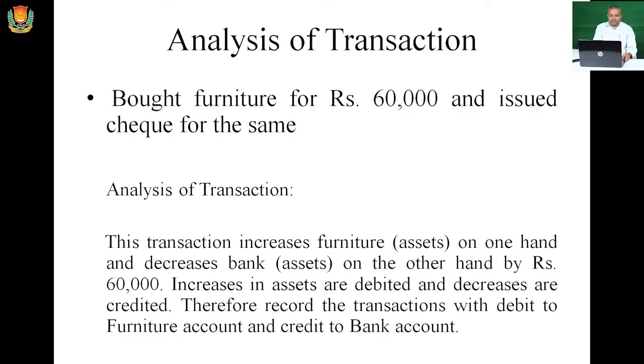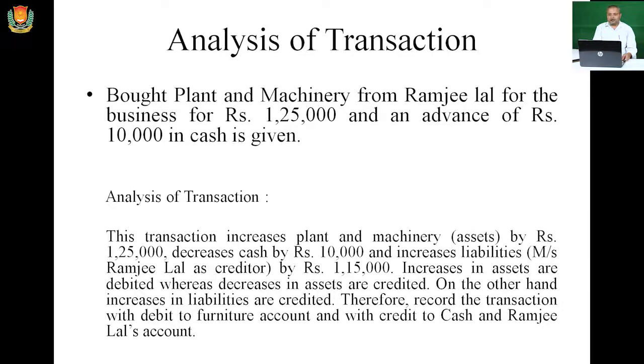The next transaction which we have taken for making analysis is bought plant and machinery from Ramji Lal for business for rupees 1,25,000 and an advance of rupees 10,000 in cash is given. So if we analyze this transaction, we find that this transaction increases plant and machinery, which is an asset, by rupees 1,25,000 and decreases cash by rupees 10,000.